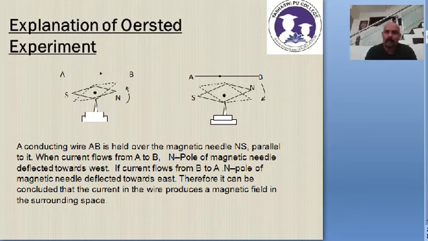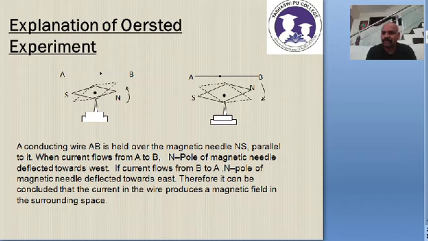Another step forward, suppose as in figure 1, the current is flowing in the wire from A to B. Imagine a magnetic needle kept below that wire. The north pole of the magnetic needle kept below the wire will deflect towards the left side of the wire, towards its west side.